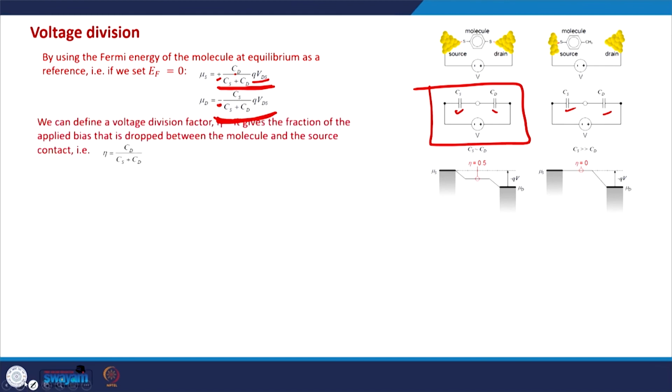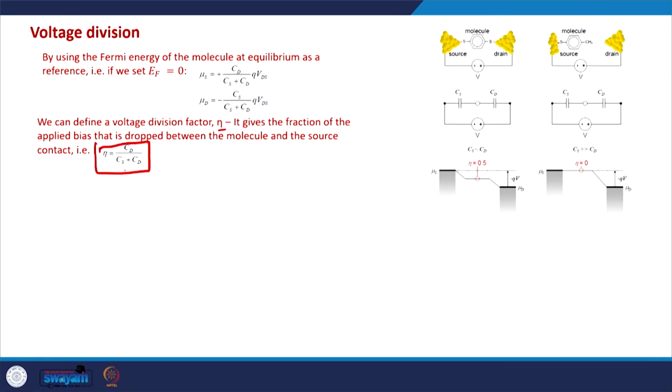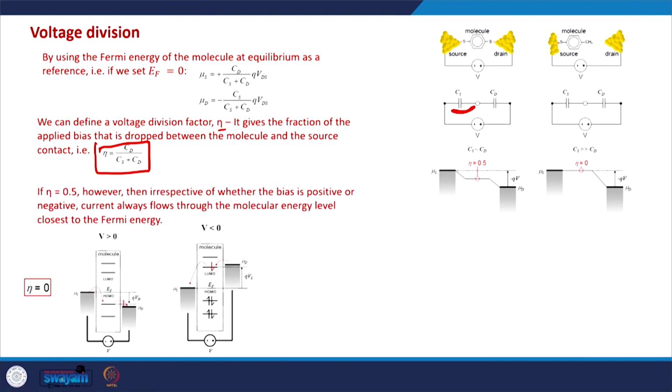And this can be understood from a voltage division factor, which is written as the eta factor. Eta is defined as C_D divided by C_S plus C_D, or in other words, it is essentially the voltage that drops across the source-molecule interface. If both the capacitors are equal, we have symmetric contacts.